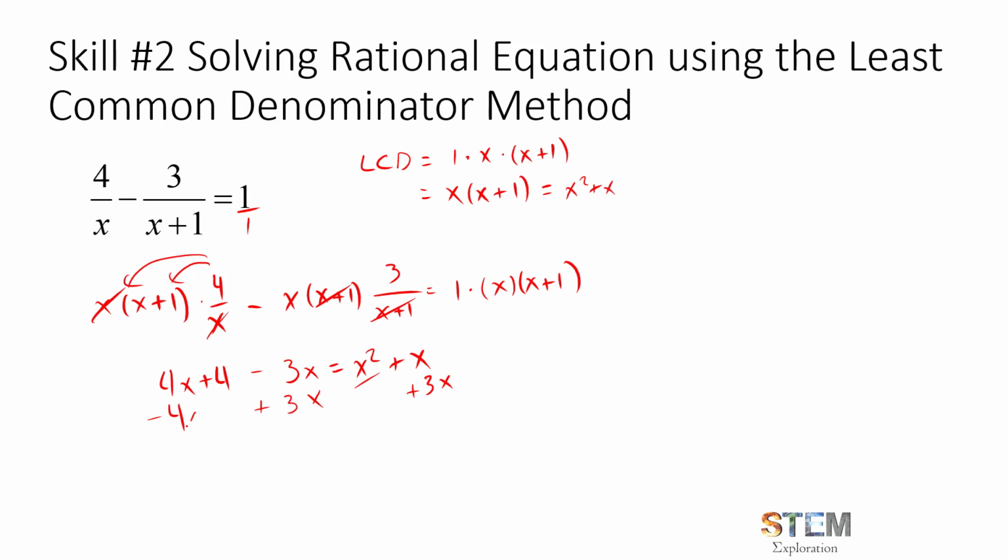Let's subtract 4x. That'll actually all cancel out. Let's subtract 4. So this will equal 0. So we'll get x squared minus 4 equals 0. This is the difference of squares, so I'll have x minus 2 times x plus 2 equals 0. So the solutions in this case are x is equal to plus or minus 2.